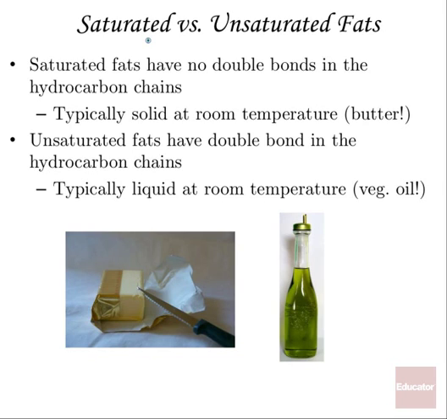Over time, plaques can develop that cause the width of that artery to get more and more narrow. The more narrow, the less blood flow, and inevitably that affects your heart in a negative way. So keeping the amount of saturated fats down in your diet is important. Unsaturated fats, they're a good thing.